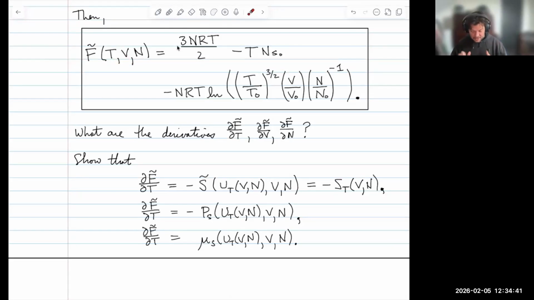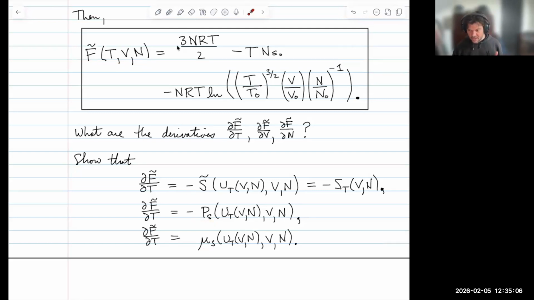I've gained a new independent variable. So, if that's the case, then our cheat sheet that we wrote above, the physics cheat sheet, says that the conjugate variables for these variables T, V, and N must be minus S, minus P, and mu.